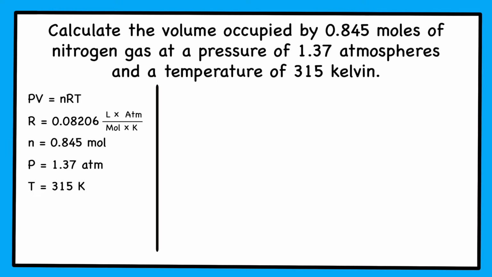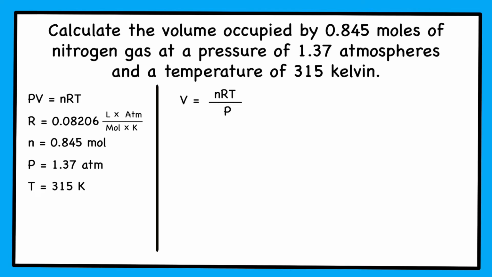We are asked to solve for the volume of the gas, so we need to rearrange this equation so that volume is isolated by itself. This is easy considering all we have to do is divide both sides by pressure. This gives us a new equation of volume equals moles times ideal gas constant times temperature, all that divided by pressure.